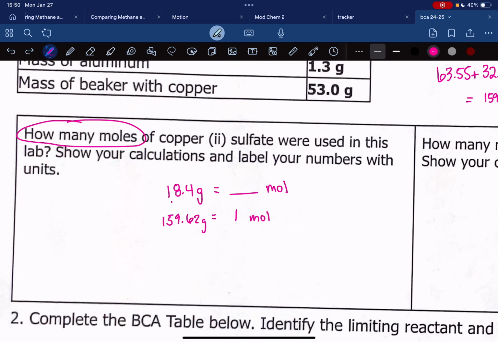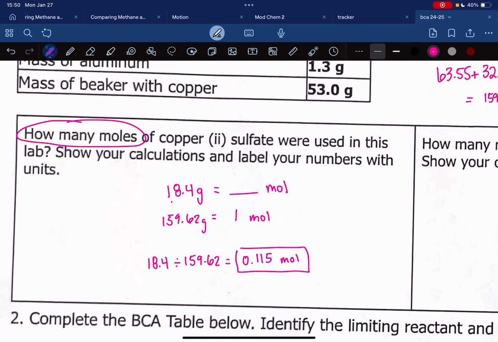And since I want a number that is less than 1, I'm going to do my smaller number divided by my bigger number. So 18.4 divided by 159.62, and that will give me 0.115 moles. And there's my answer there.